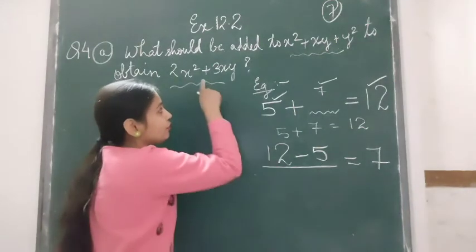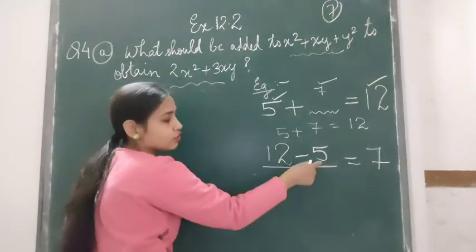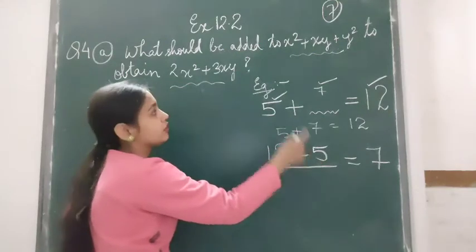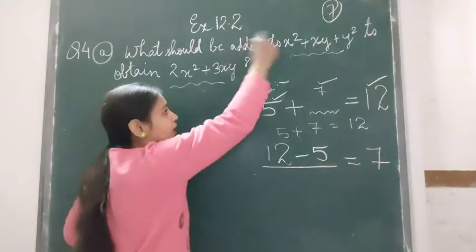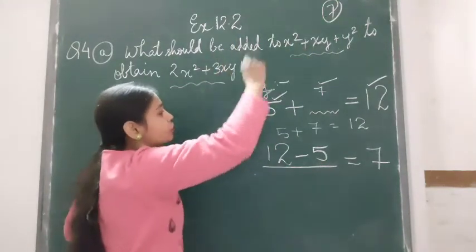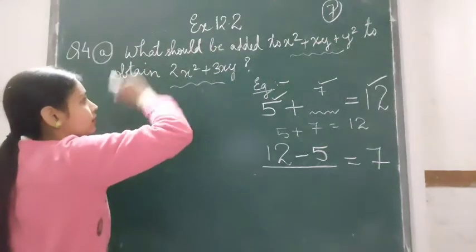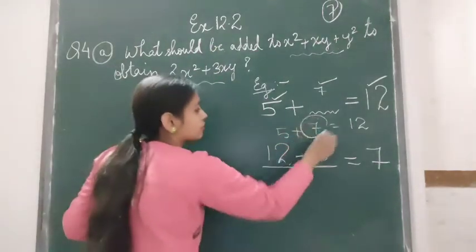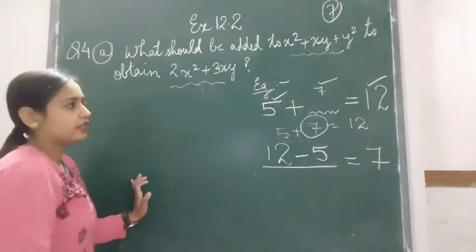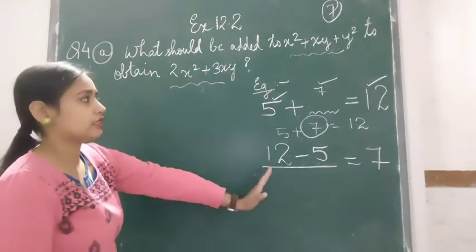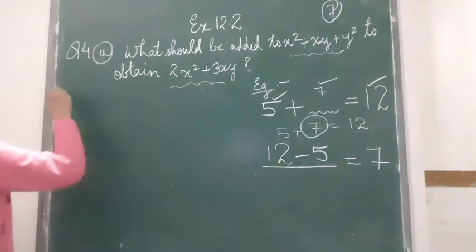So what to do from the total chocolate? Subtract the chocolates given by your mother. That means we are going to subtract the two terms so that we get the answer. So if you want, you can write this at this side. Now we start with our solution.